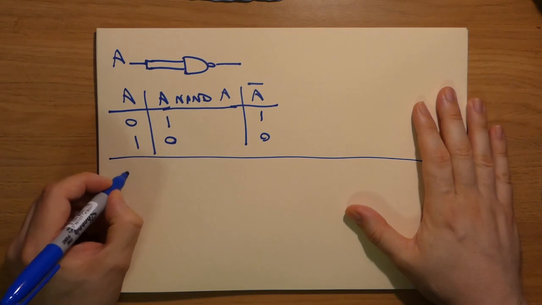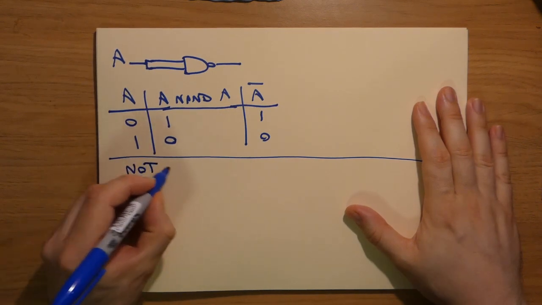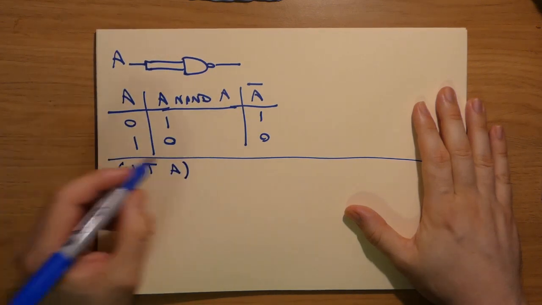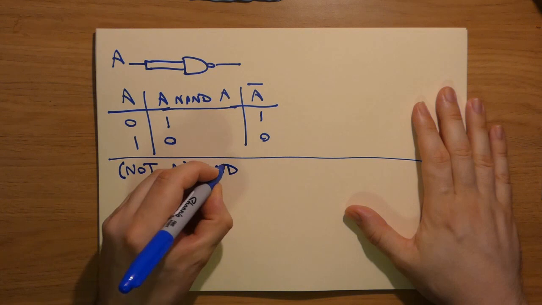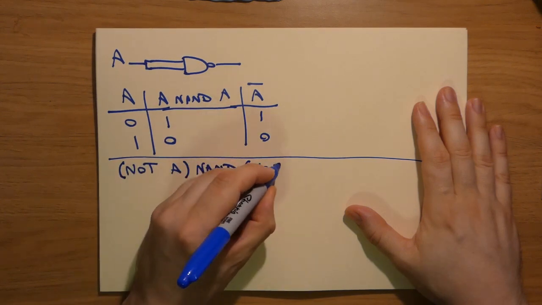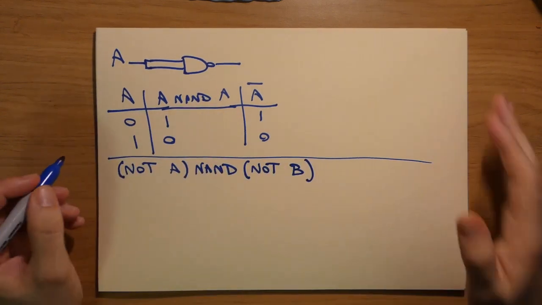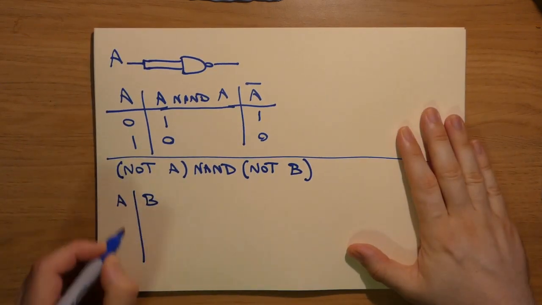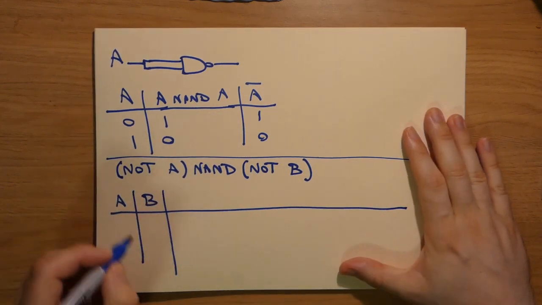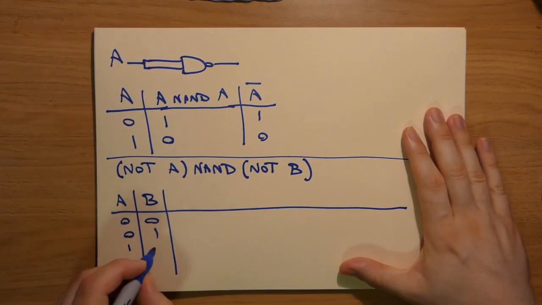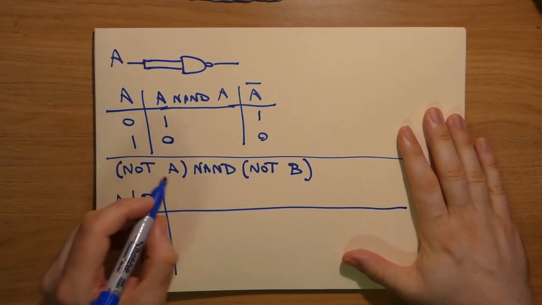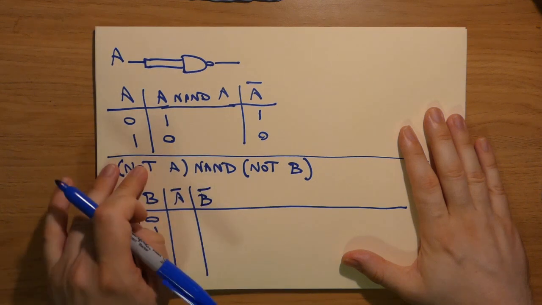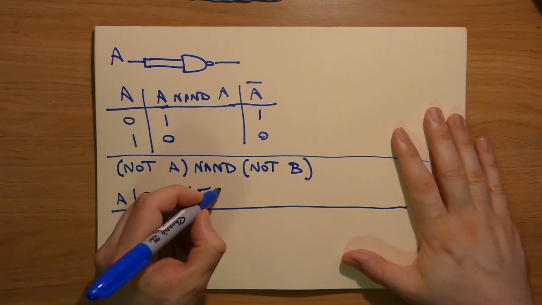What you need to do for the OR gate is you have NOT A, which we already know how to do, and then you NAND with NOT B. So again, I'm just going to compute those real quick.